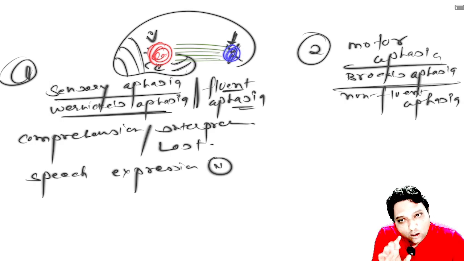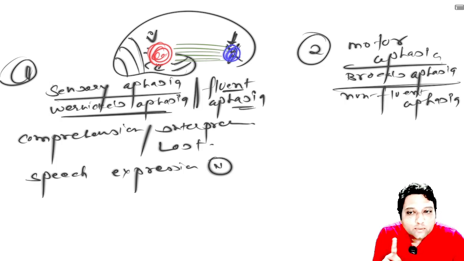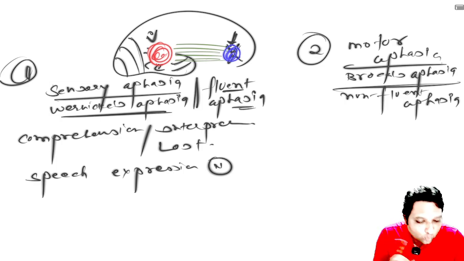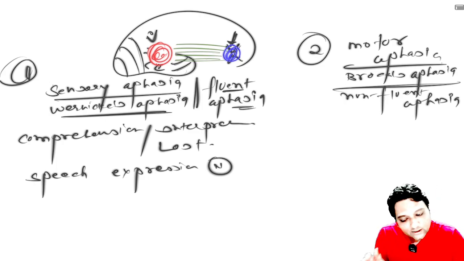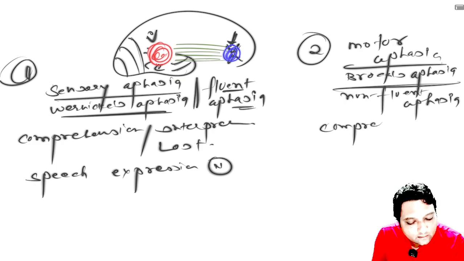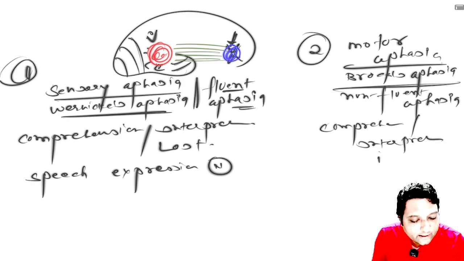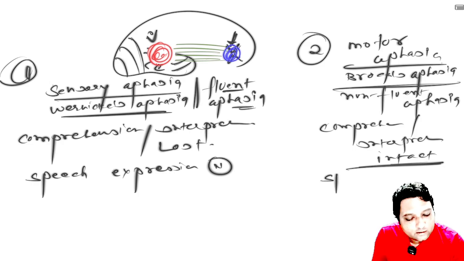That's why it is also called fluent aphasia. Comprehension and interpretation is lost, but speech expression is normal. In motor aphasia, Broca's aphasia or non-fluent aphasia, the patient is unable to express. The patient can understand; comprehension and interpretation is intact, but speech expression is lost.